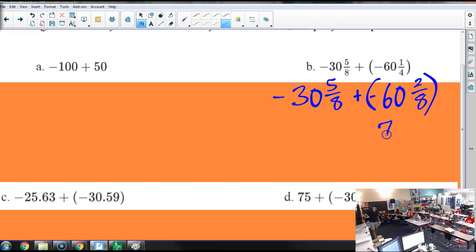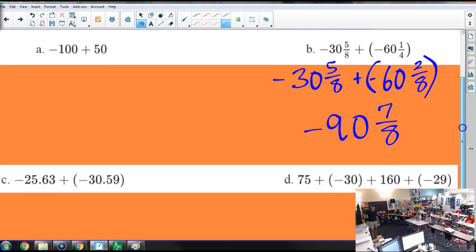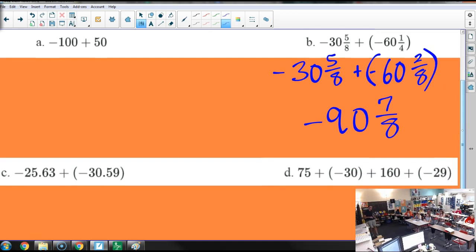So we get 7/8, our total number, 30 and 60, we get 90, and then it's negative. Do that last. You should always be thinking about your positive, negative at the very end. Really should think about it the whole time, but check yourself at the very end.